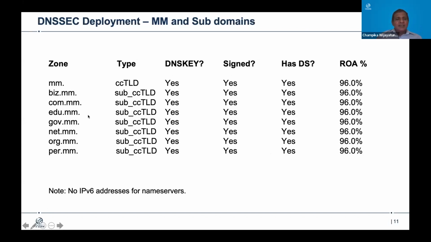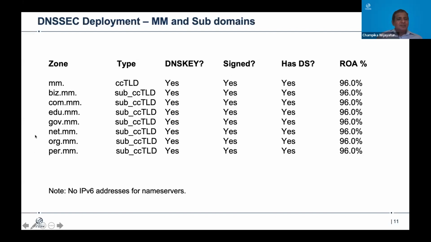Now, the question is, if your organization has a domain within, say, .com.mm, say example.com.mm, or if your organization domain is example.net.mm, say, if you take mmNOG, I see that the mmNOG domain is mmnog.net.mm, right?